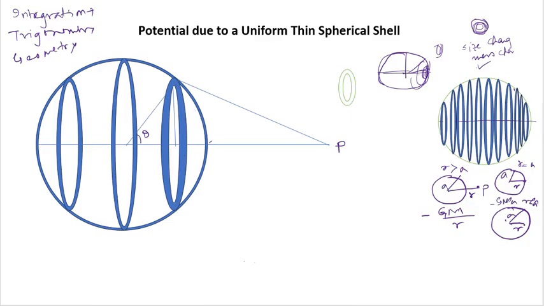And when the point is inside the hollow sphere anywhere, r less than a, that time also the formula for the potential of a point is GM by a. So we can see that when the point is outside the hollow sphere, the potential is inversely proportional to the distance from the center. Otherwise the potential is constant, correct.